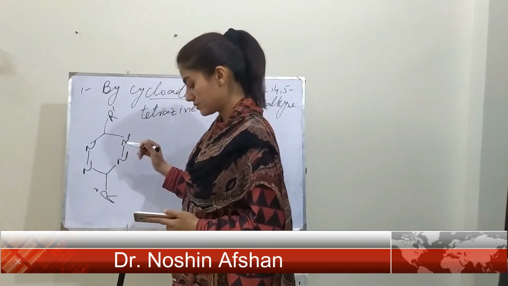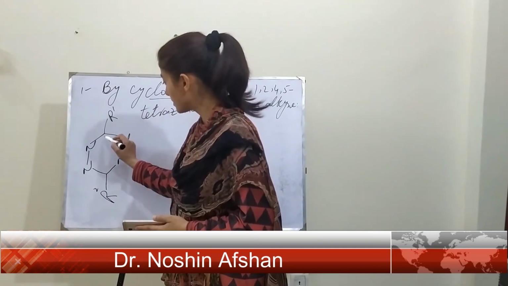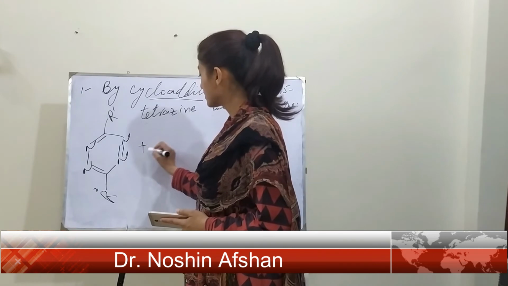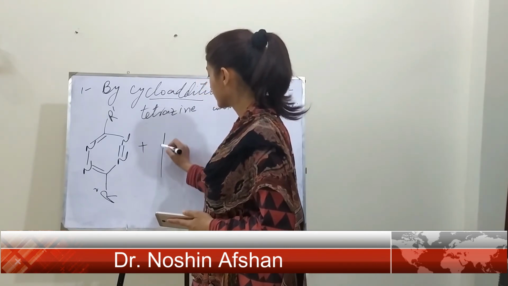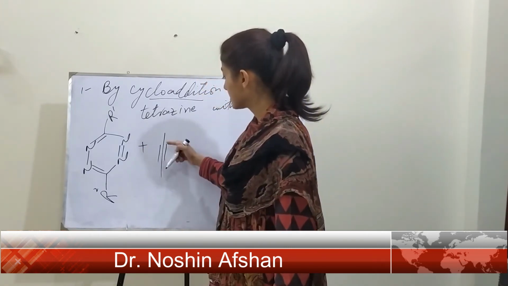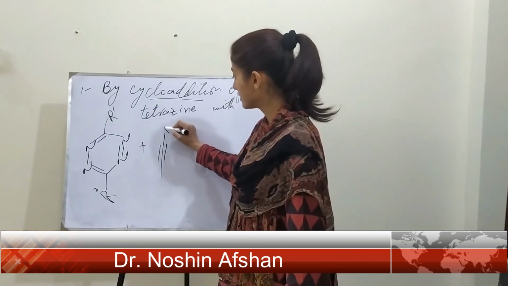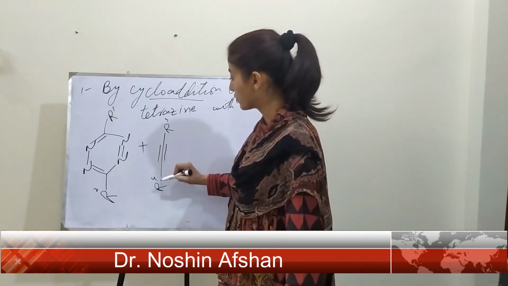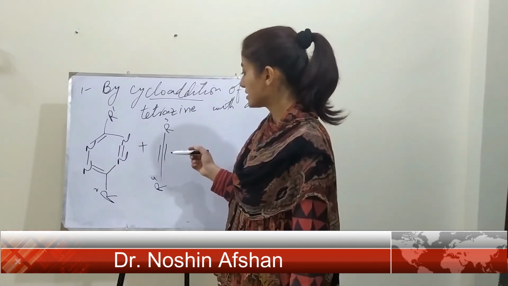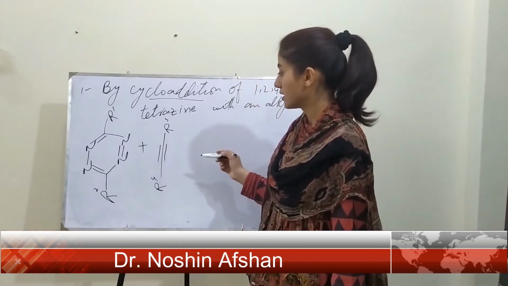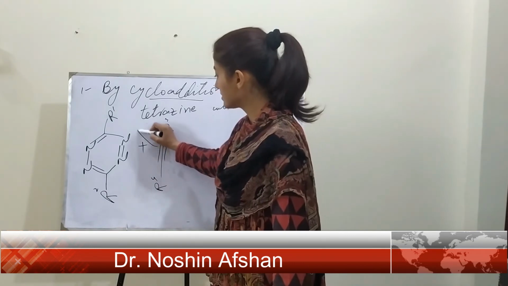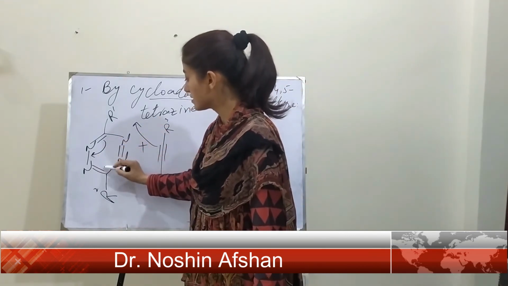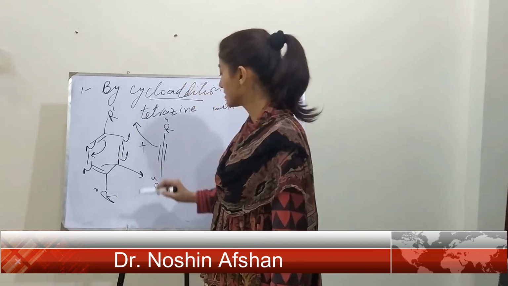Now make it diaromatic in nature, and it reacts with alkyne. That means C triple bond C, attached with R3 and R4. So now what does it do? This is shifted to this position, and this is shifted to this.